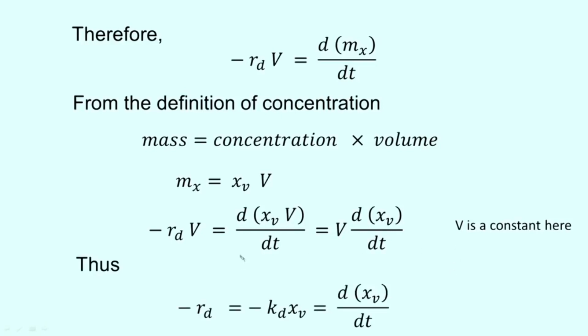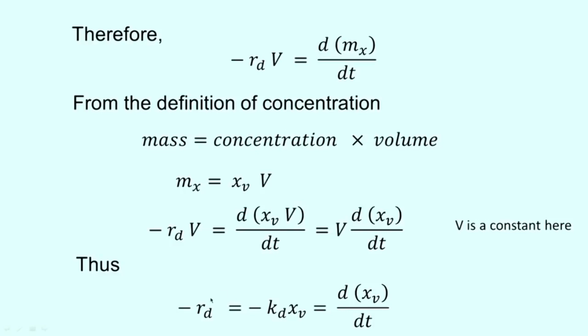Thus, we have a volume here, we have a volume here, we can cancel them out, they are the same volumes. Therefore, minus R D equals minus K D x v, which is what we had seen earlier.